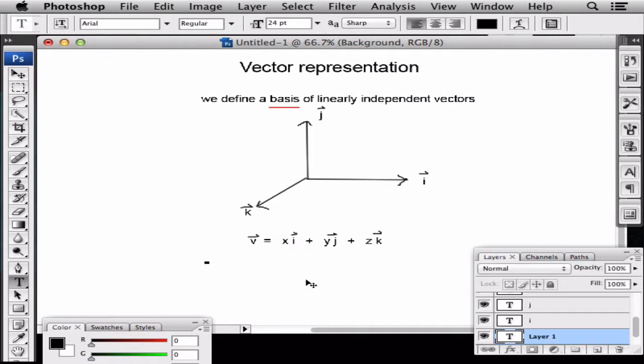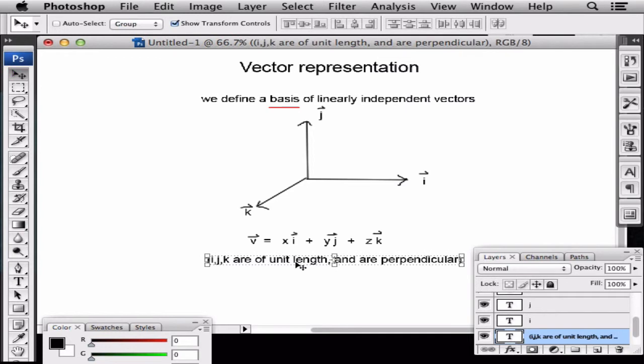There are a few more assumptions that need to be met for this to work: the i, j, k are of unit length 1, and they are perpendicular. I'm not going to go into the definition of perpendicular. It's a mathematical term, but you all probably know what it means; it has an easy intuitive understanding.